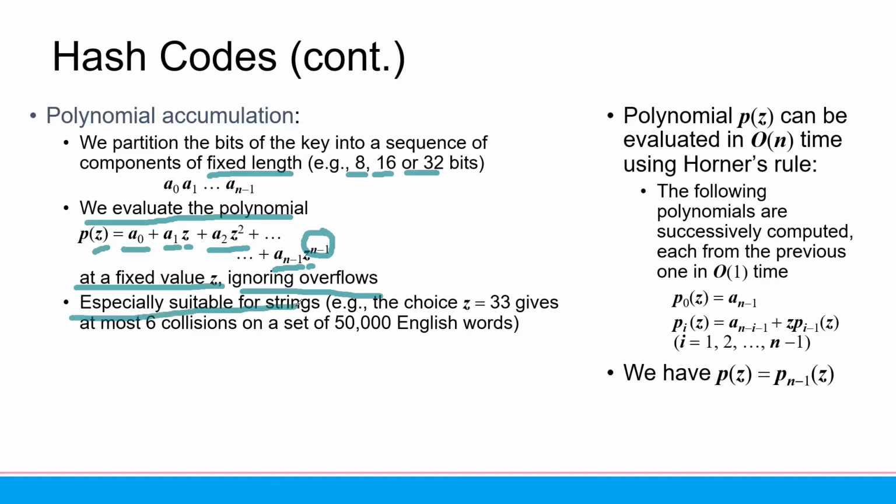It is especially suitable for strings. For example, the choice of z = 33 gives at most 6 collisions on a set of 50,000 English words. Using this kind of idea is one of the ideas for encryption.